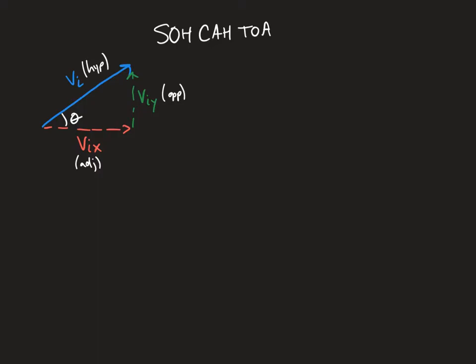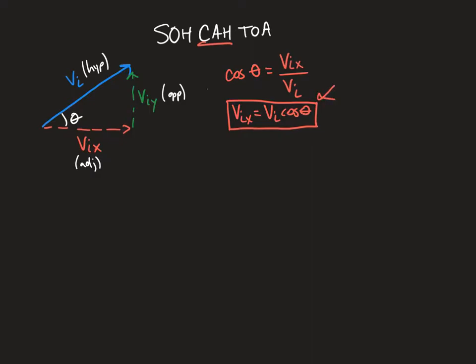I'm looking for the adjacent, so let's start with cosine. The cosine of that angle is going to be the adjacent, which is the x, over the hypotenuse. So if I solve this for the x component, I get initial velocity times the cosine of the angle. We can go ahead and box this in, circle it, star it, put it in our notes. This is always how I get the initial x velocity. So we're doing this once, but now and forevermore, this is my initial x velocity equation.